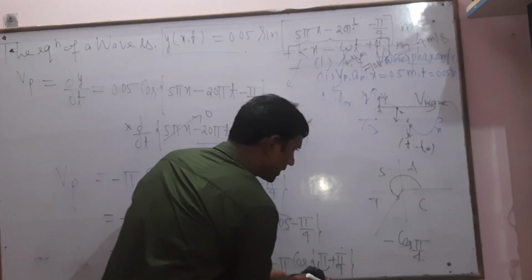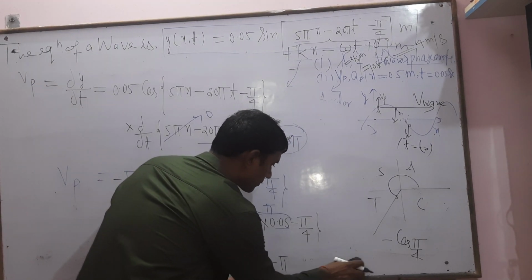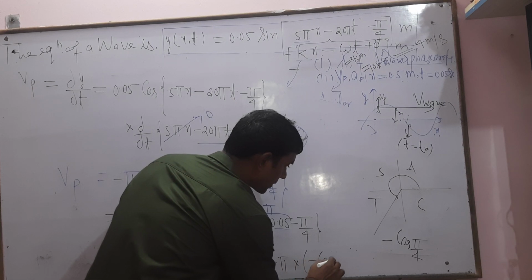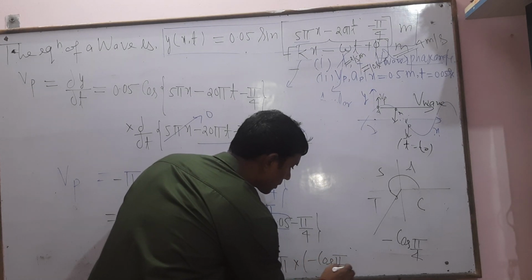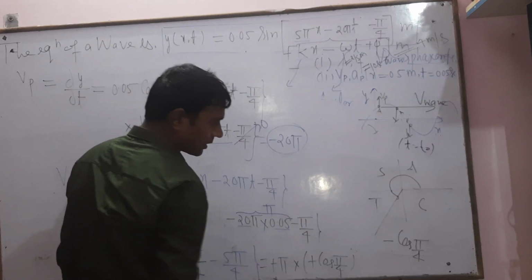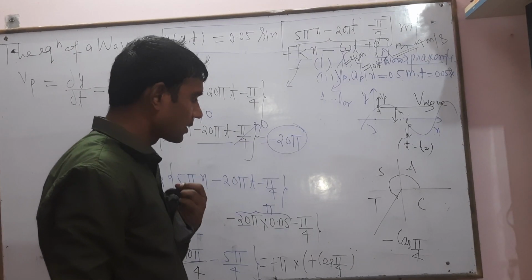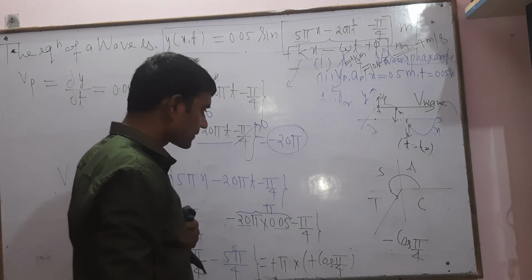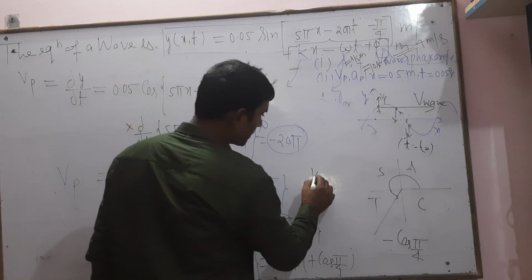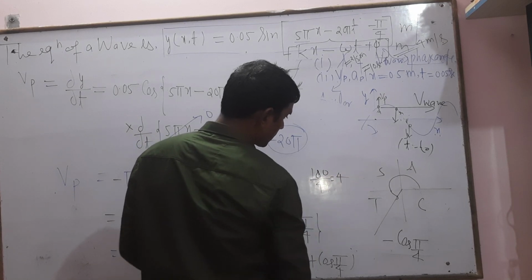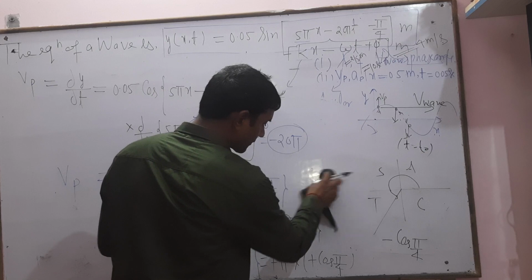So in place of that number, we put minus cos pi by 4 into it: minus minus gives plus cos pi by 4. Cos pi by 4 means cos 45, since 180 divided by 4 is 45.